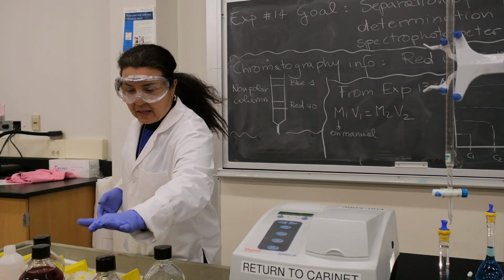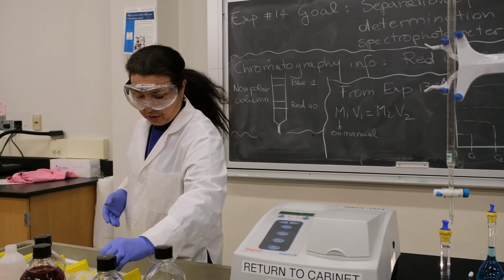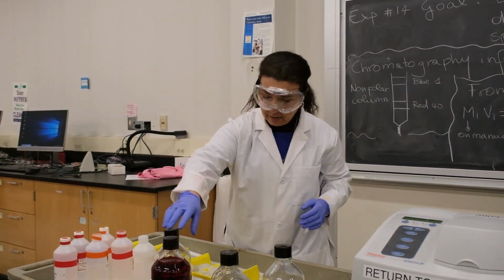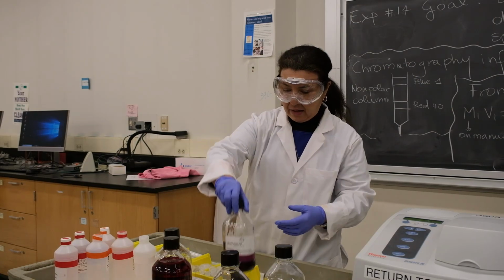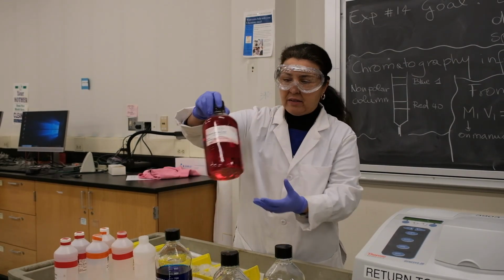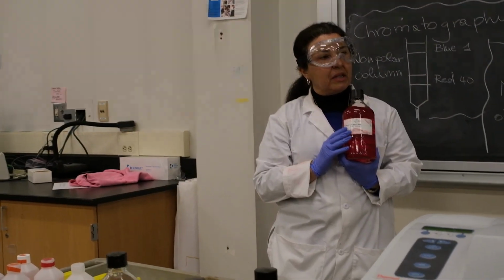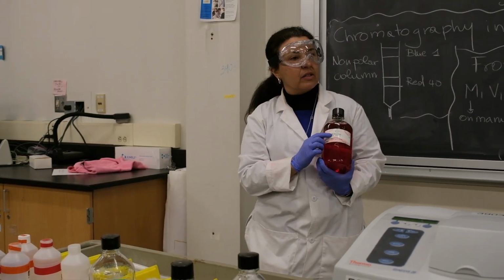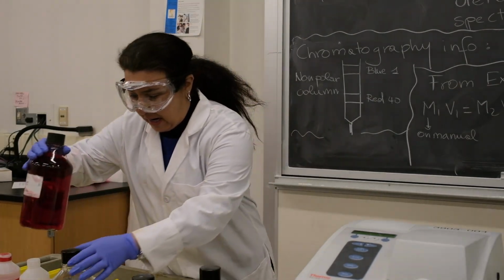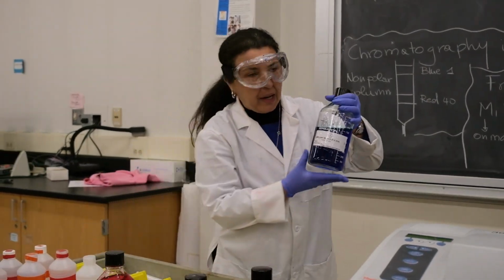Okay, so these two Kool-Aid solutions, one is the commercial one, grape Kool-Aid, contain these two dyes. The Allura Red that we use in experiment 13, and here there is the concentration. In addition, it contains the Brilliant Blue.